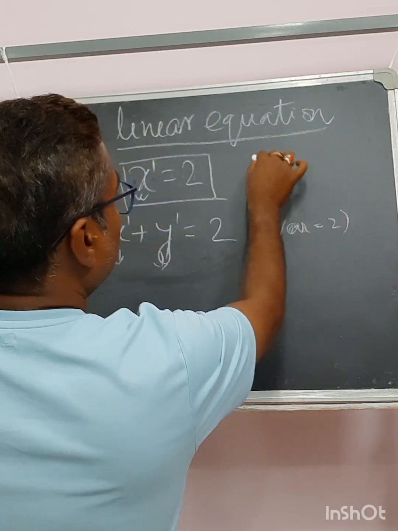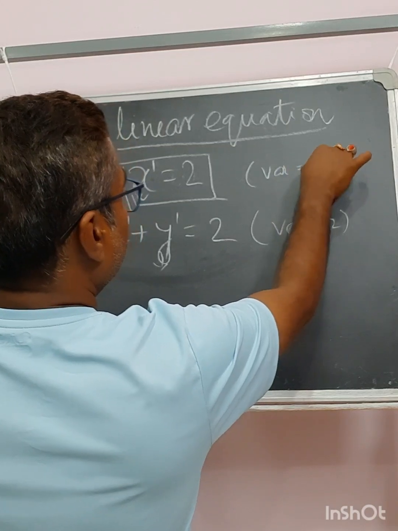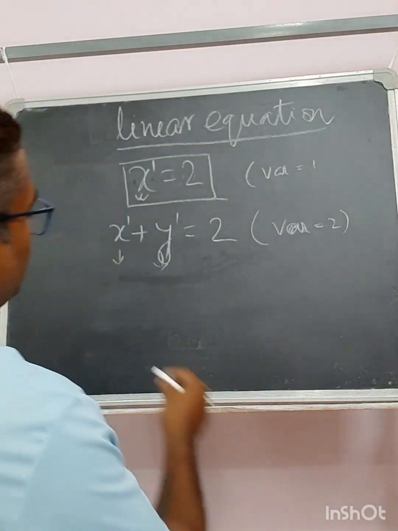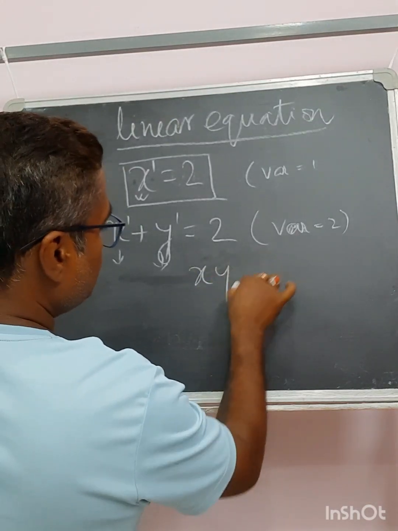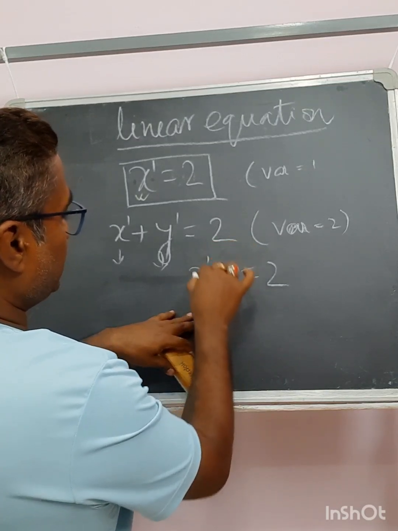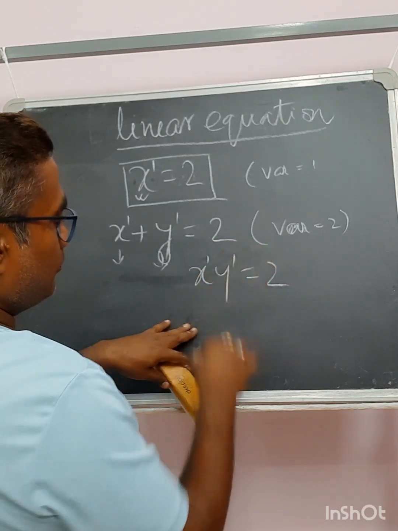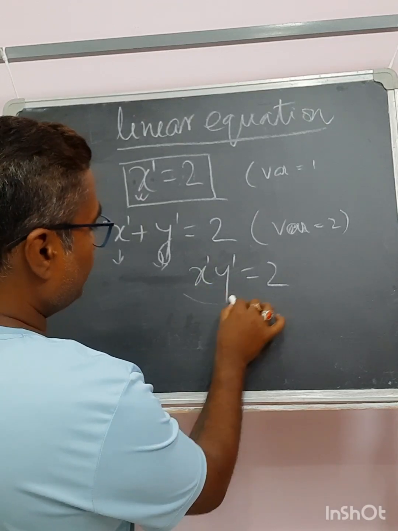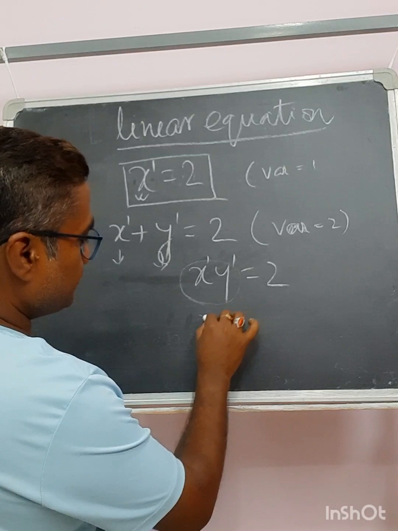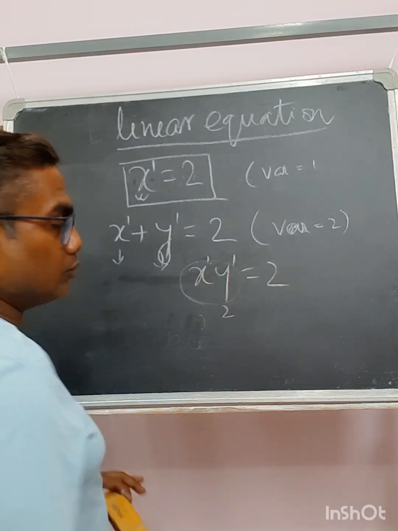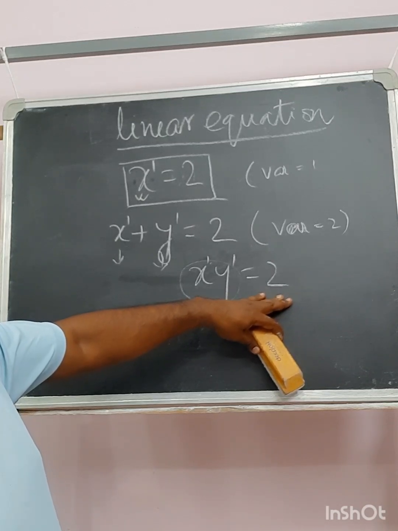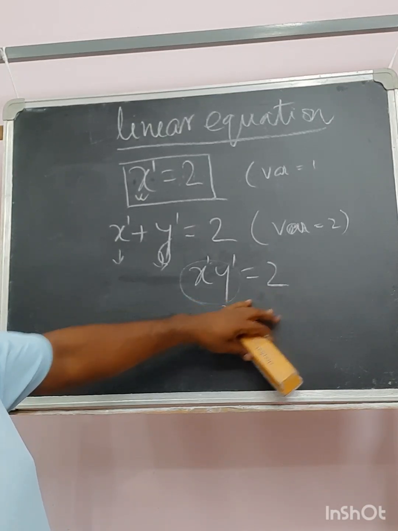These are all of order 1, so that's why these are linear equations. But if I say xy is equal to 2, here the order for each individual variable is 1, but in total the order is 1 plus 1, which is 2. So we cannot consider this a linear equation. I think you understood my example.